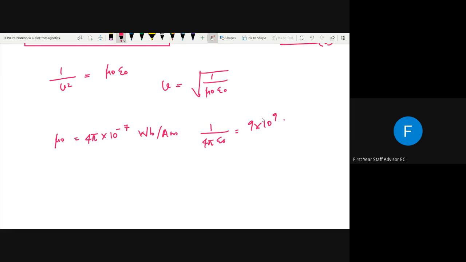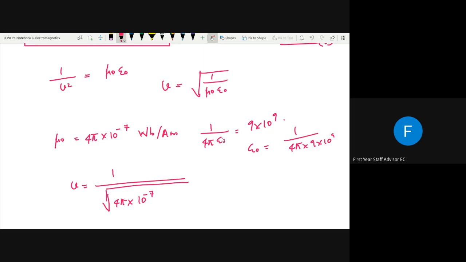So the velocity of this electromagnetic wave can be written as 1 by root of, what is the value of mu 0? 4 pi into 10 raised to minus 7. And what is the value of epsilon 0?